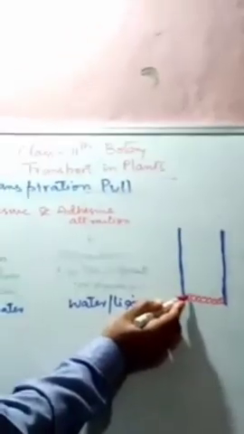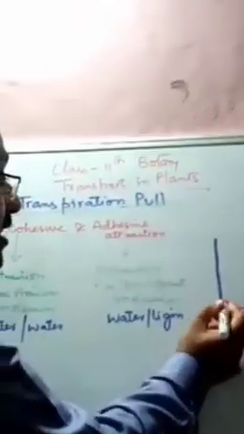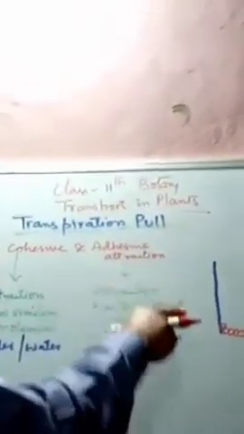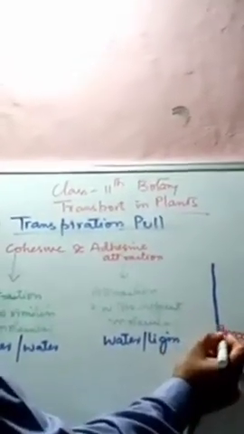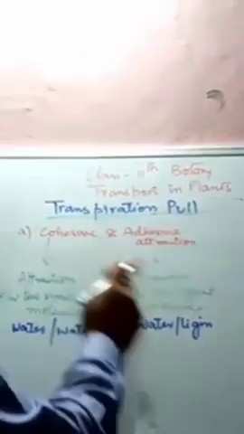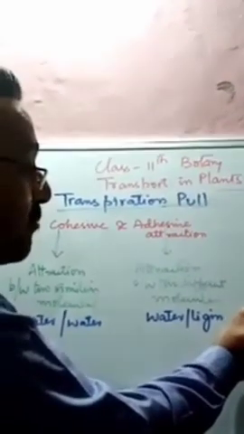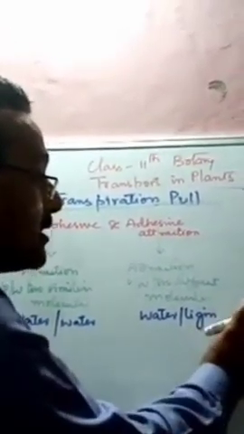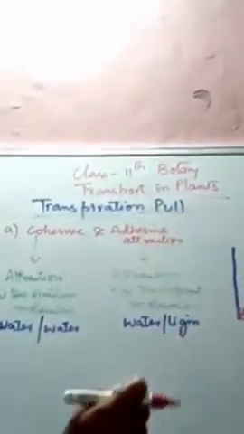We know that this lignin has great affinity with water. It attracts this water molecule towards itself and moves it upwards. But this water molecule has the cohesive attraction with this water molecule, so it takes its partner along with it.